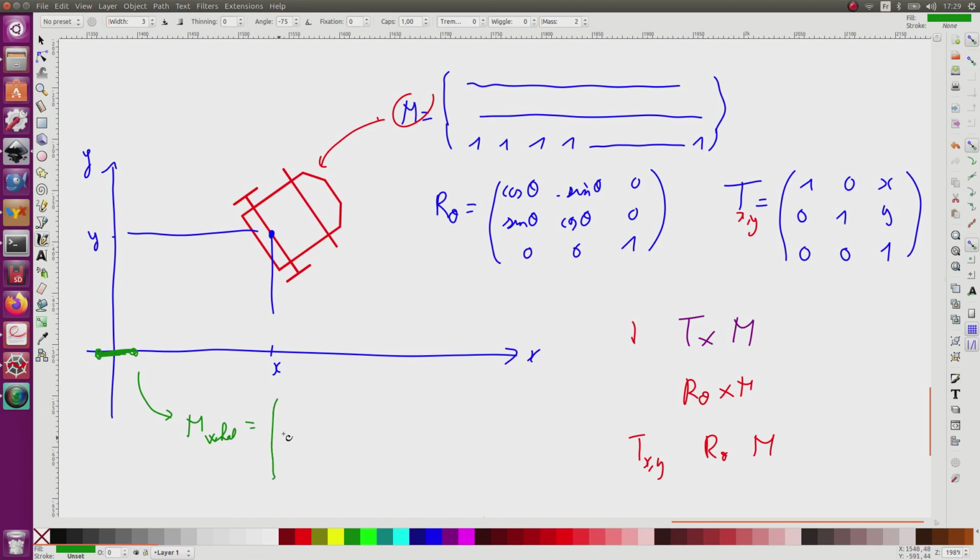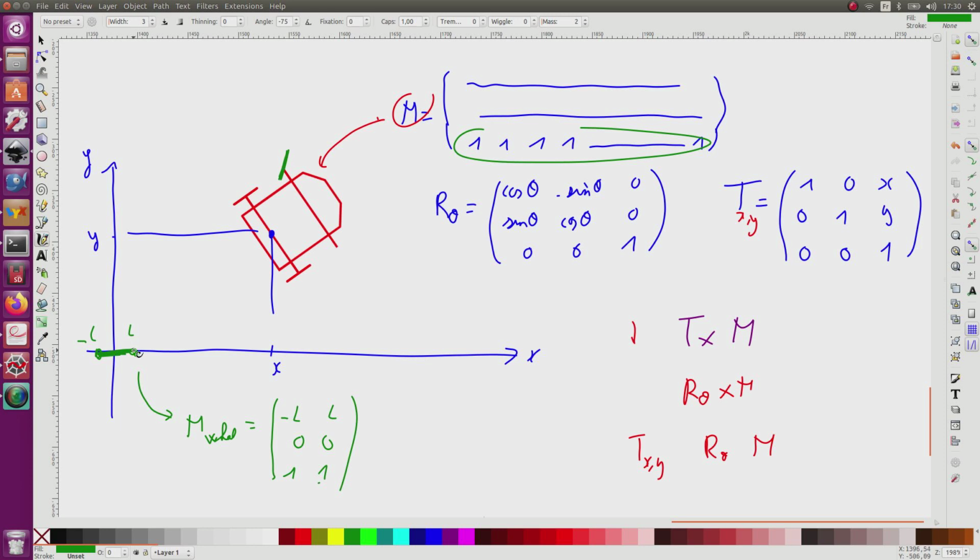It will be given also by a matrix, so minus L plus L, for instance, to do something very similar, so minus 1 plus 1 or minus L plus L, because I will have to make it similar to my object. So 0, 0, because I have no y coordinate, and 1, 1 to put everything in homogeneous coordinates.